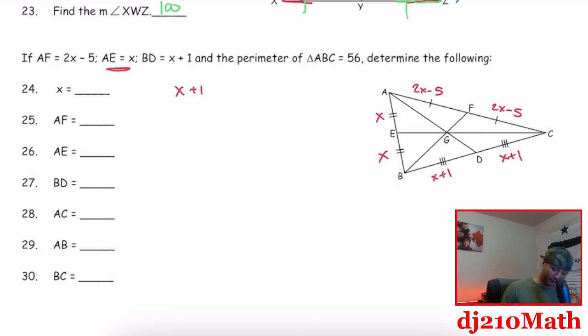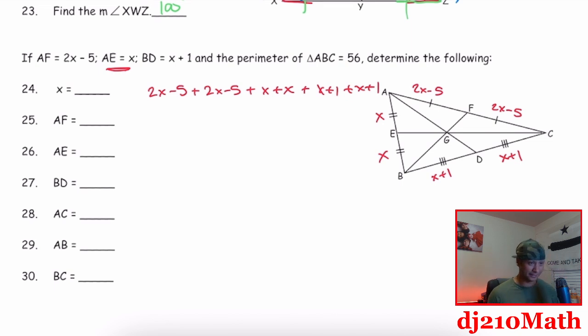Okay, to figure out what x is, that actually brings up a new strategy. The perimeter is all the sides added up. So I'm going to add up all these x's and numbers. So this is going to be, wow, 2x minus 5 plus 2x minus 5 plus x plus x plus 1 plus x plus 1.